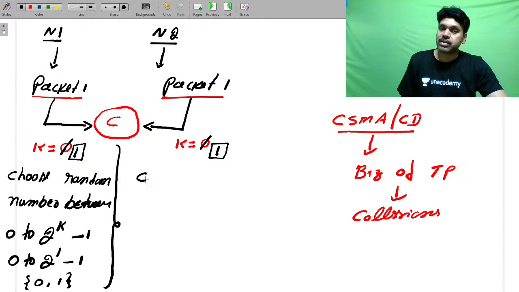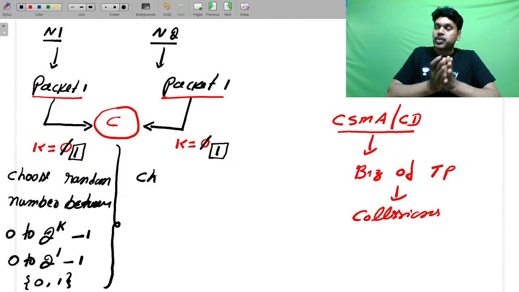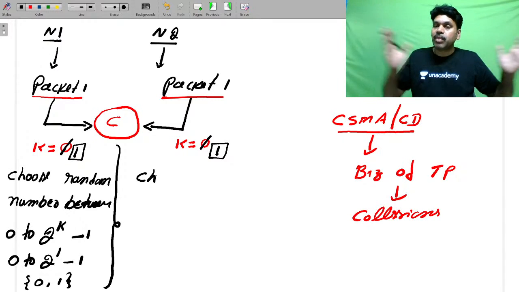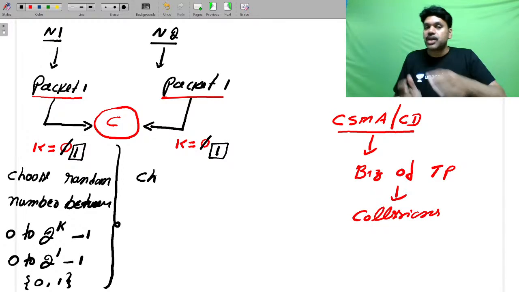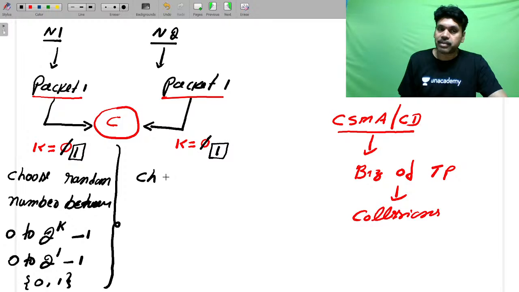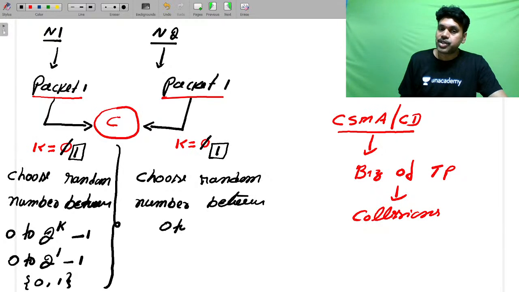And on this side also, because the binary exponential algorithm is running at node 1 as well as node 2, both at a time it is running. So choose a random number. Very important question in the exam. Choose a random number between, again, 0 to 2 power k minus 1.